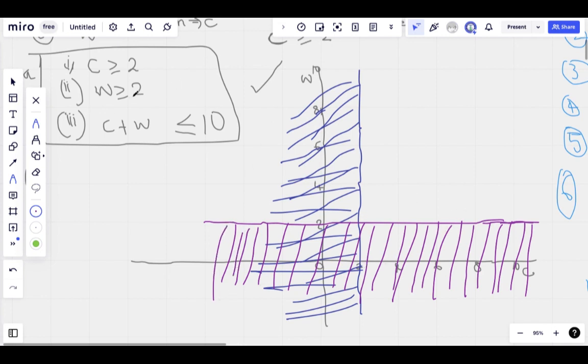Okay, we are shading this way because the rule says we should leave unshaded the correct region, meaning don't shade the correct region, shade the opposite side of the region. When you say W is greater than 2, you drew a line across it.